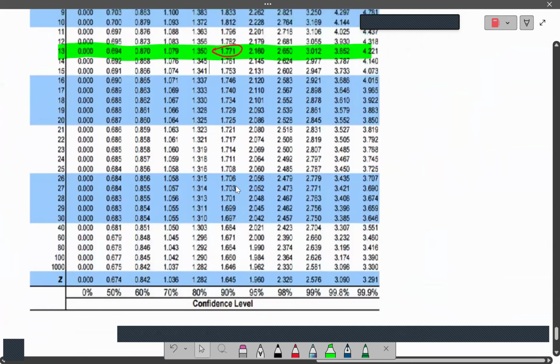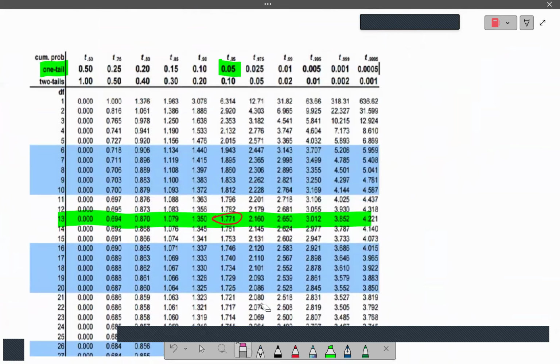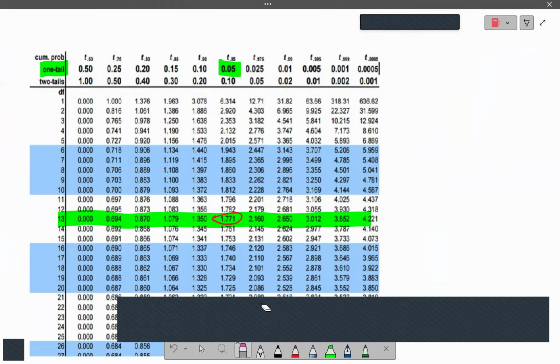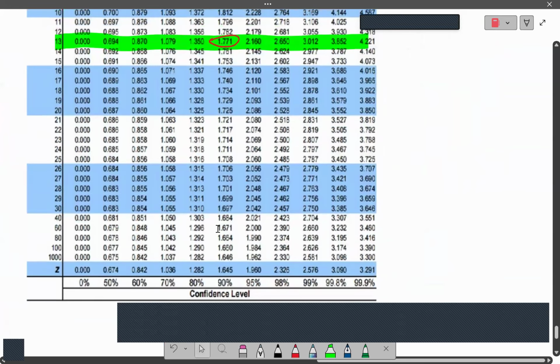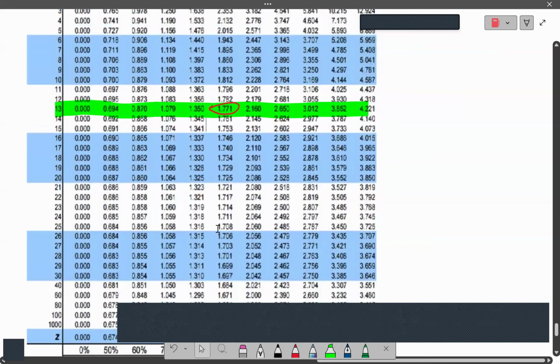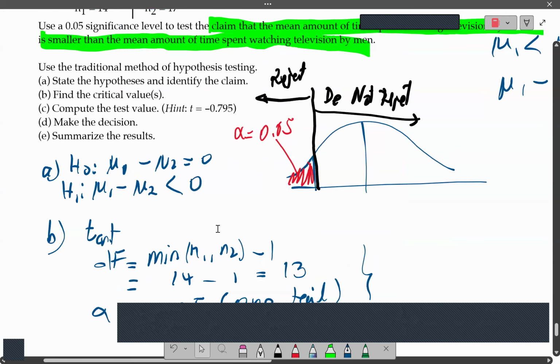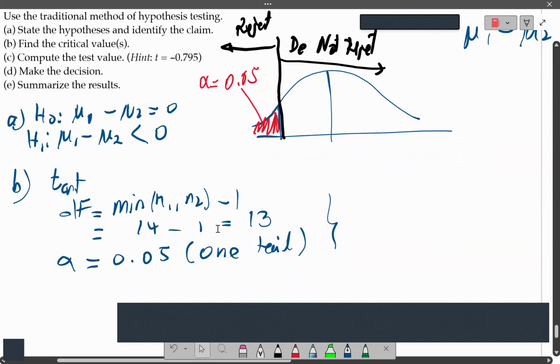I'm doubting, hold on, no, I'm wrong here. Although it is one tail, we counted in two tails. That's it, 1.771.